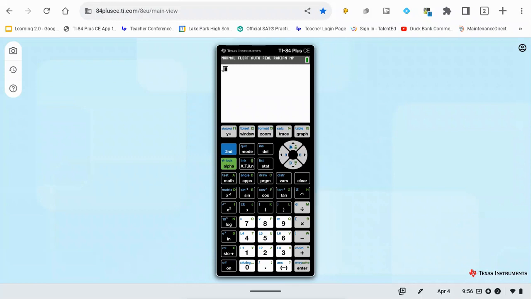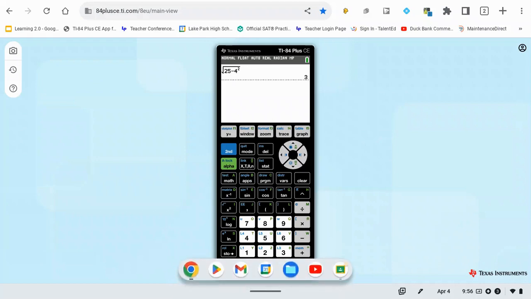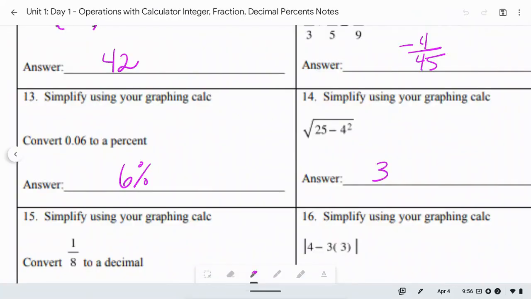So you get the square root of 25 minus 4, and then to raise it to an exponent, you can either hit the caret button, which is above the division symbol, and then put a 2 in there, or a shortcut to getting a squared is just to hit, again, the x squared button. So you could do it either way. And then once I hit enter, I end up getting 3 as my final answer for that one.